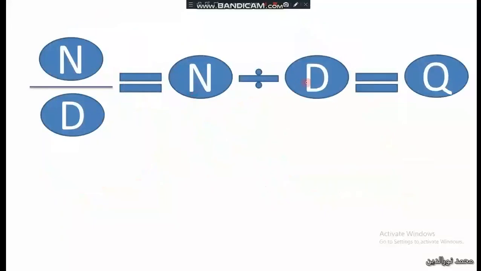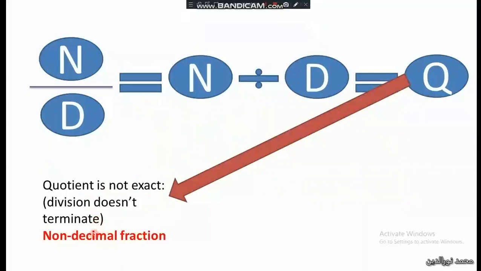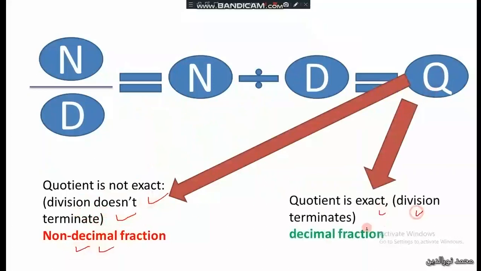If the quotient does not terminate or is not exact, it is not a decimal fraction. If the quotient is exact and the division terminates, then it's a decimal fraction.